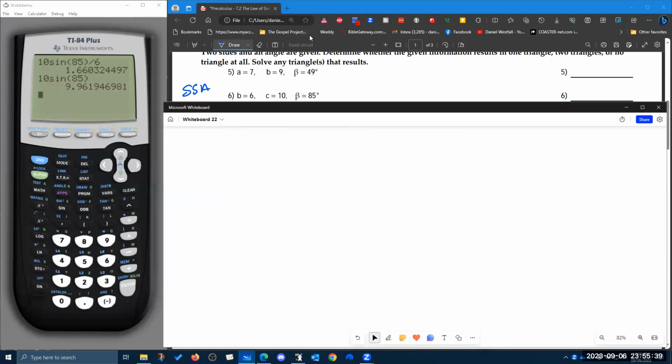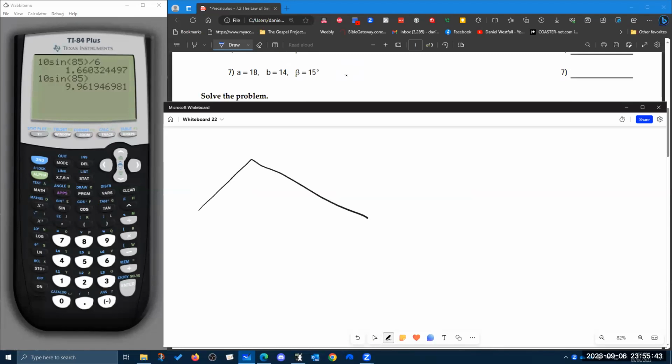We have one more here, number 7. At 15 degrees here and 14 across from it. 18 is here, which makes that A and that C. And let's go ahead and find the height.